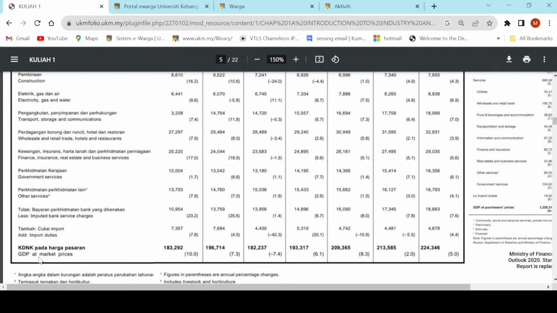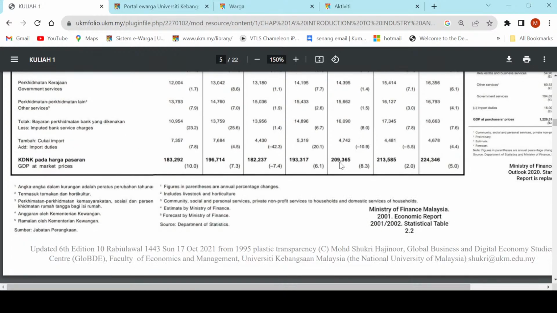We can look at it from the other side, which is demand side. Supply side 209,365. Demand side also the same number, 209,365. What it is saying is, this is how the GDP is produced. Supply side, produced by agriculture, by mining, by manufacturing, by construction.